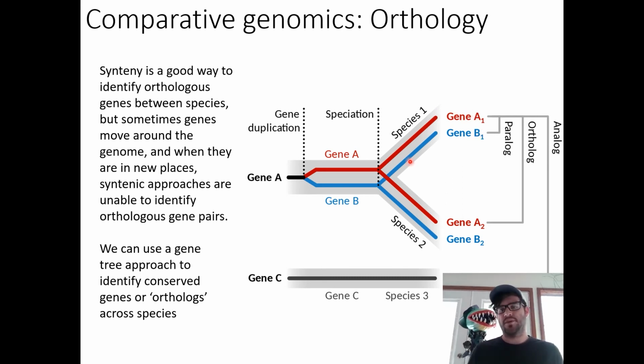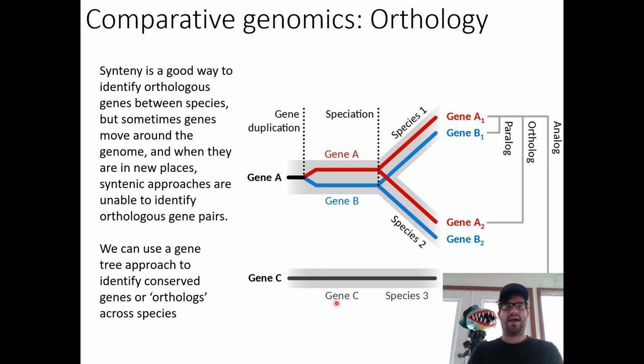And so the terminology we would use is that gene A in species 1 and gene A in species 2 would be orthologs to each other because these are the same gene from a speciation event. And then we would say within a single species, gene A and gene B would be paralogs to each other because they can be traced back to the same duplication event, but that occurred before speciation.